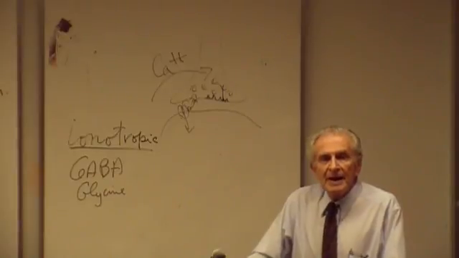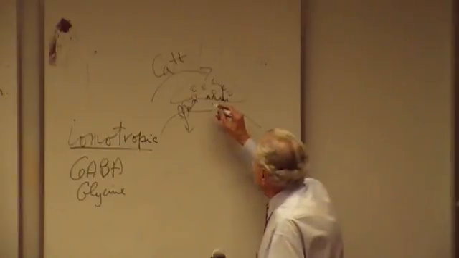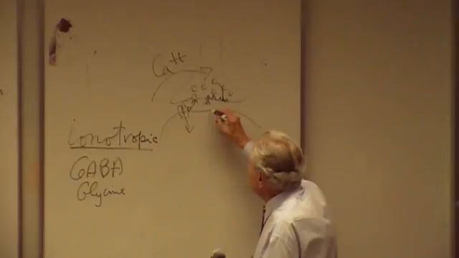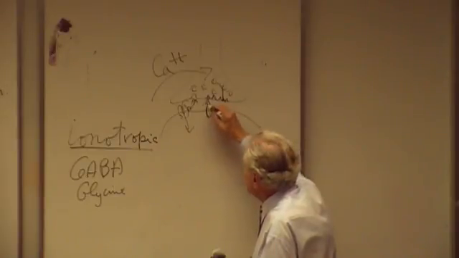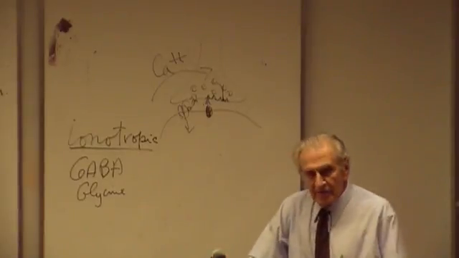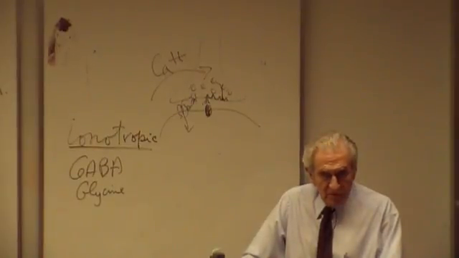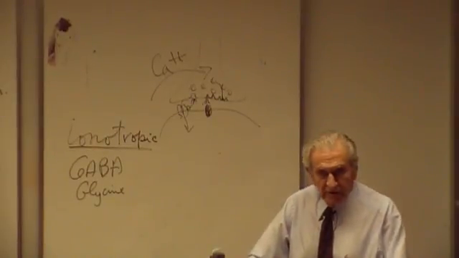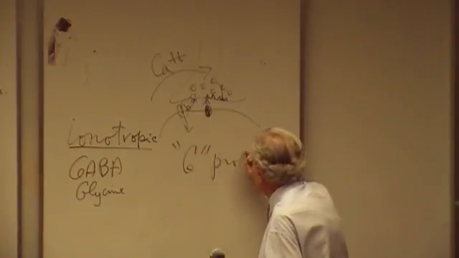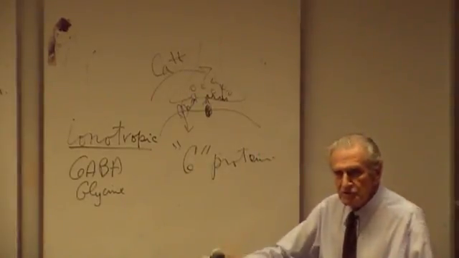In all other synapses that we know, the release of material across the cleft activates a receptor molecule in the membrane. And the receptor molecule, in turn, releases a new trigger substance, a so-called G protein, guanosine triphosphate, don't worry about it, just remember G protein.